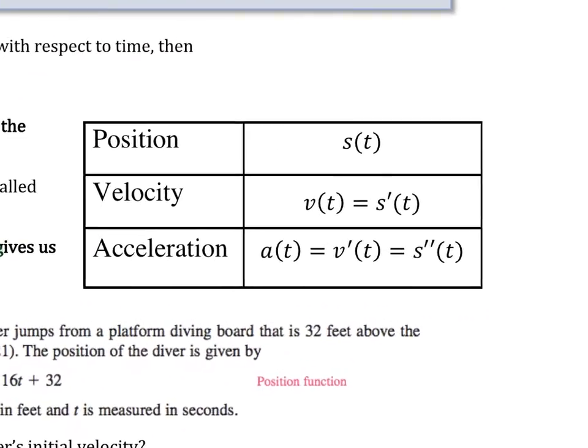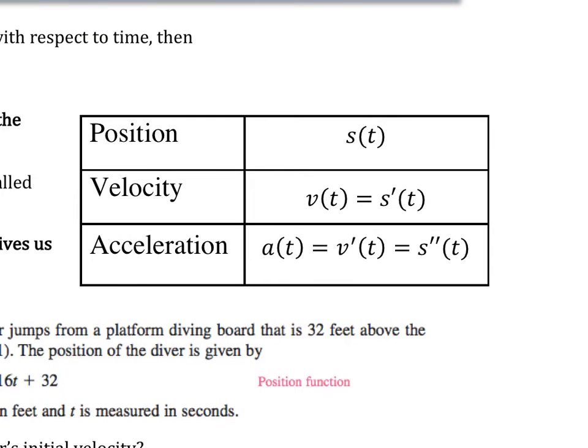And so we have this very important relationship here. If the position is s of t, sometimes we'll call that different things, but let's just call it s of t for now. The velocity is the derivative of that. And acceleration is the derivative of velocity, which is also the derivative of position.